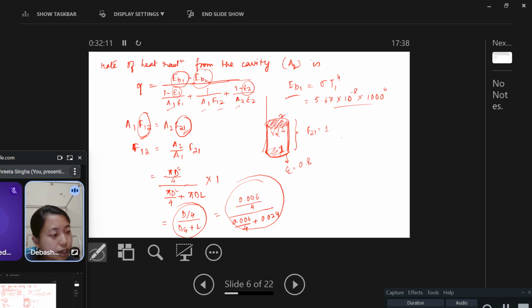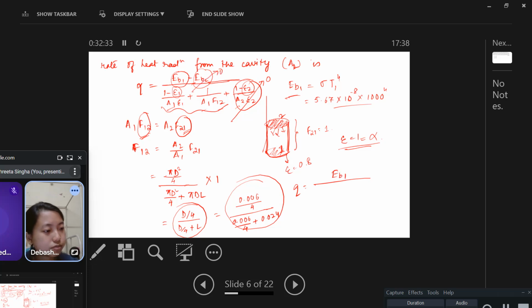Since it is a black body, emissivity is 1. Emissivity and absorptivity both are 1 for a black body. So if we put it as 1, this part becomes 0. Now you just have to calculate this. Q becomes EB1 minus EB2, which is 0, divided by (1 minus epsilon 1) by A1 epsilon 1 plus 1 by A1 F12.